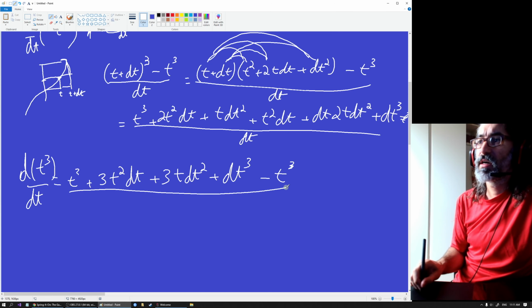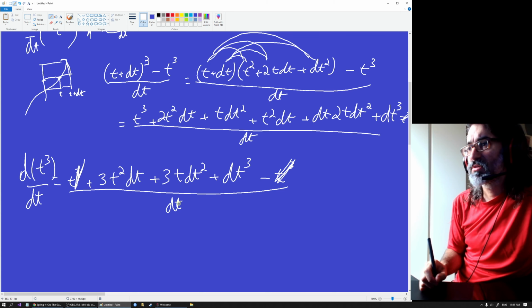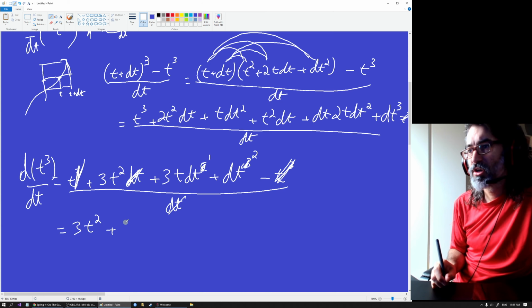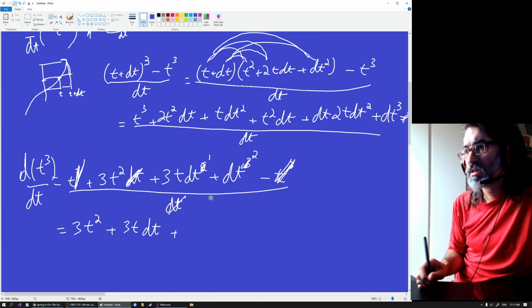So we see that we can kill this with this, and now there's one dt here that is going to kill one of them. So I'm going to kill the dt by saying this is instead 2, and this is instead 1, and this is killed. So we see that it's 3 t^2 plus 3t dt plus dt.